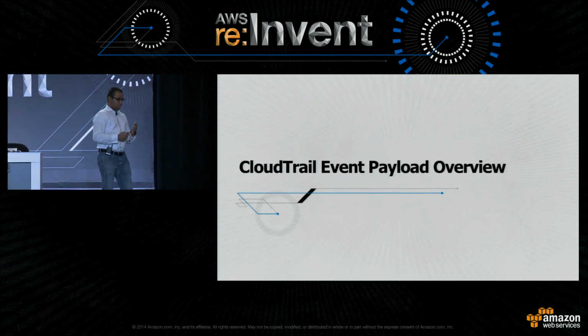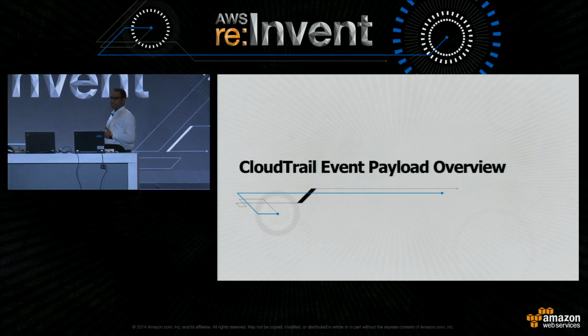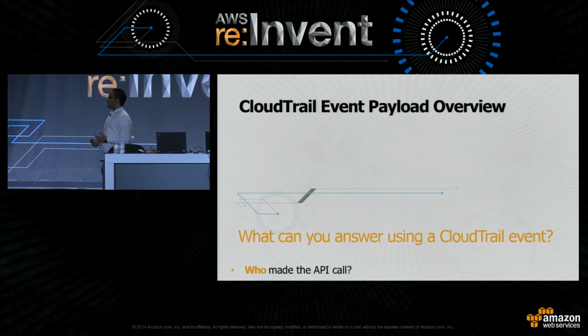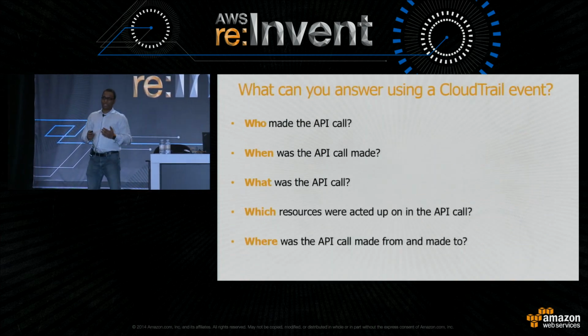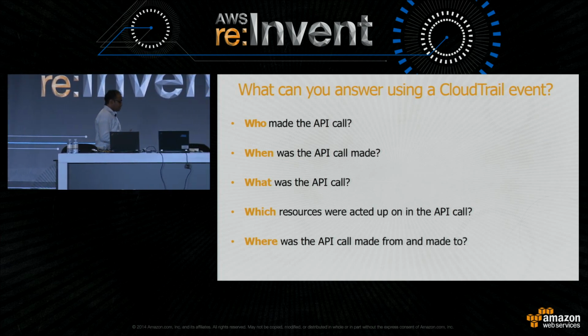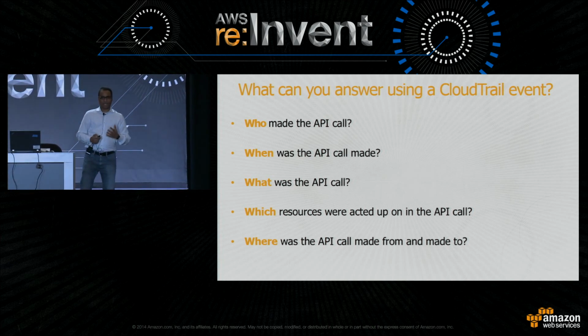So now you guys know what CloudTrail is and where it is available and what services, how many services are supported. Let me talk a little bit quickly about what actually CloudTrail captures. I tell this to my colleagues and friends, like there are 5 W's that CloudTrail helps you answer.